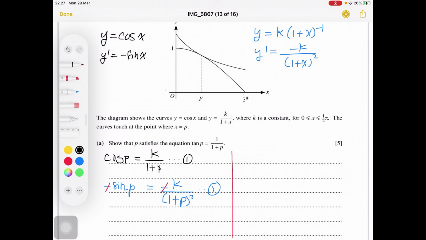Dividing the second equation by the first equation, we will get tan P is equal to 1 over 1 plus P. So we have shown that tan P is equal to 1 over 1 plus P.